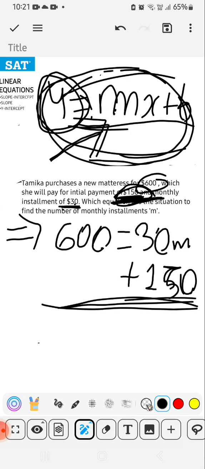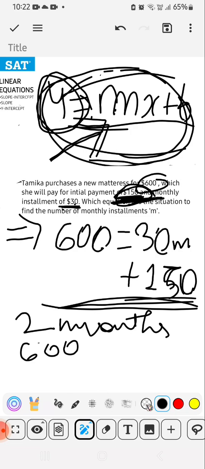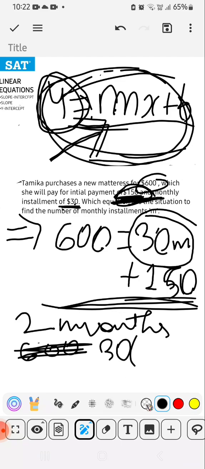Now, let us assume that she will pay for 2 months. So the value of m would be 2. The payment would be 30 times 2 plus 150.